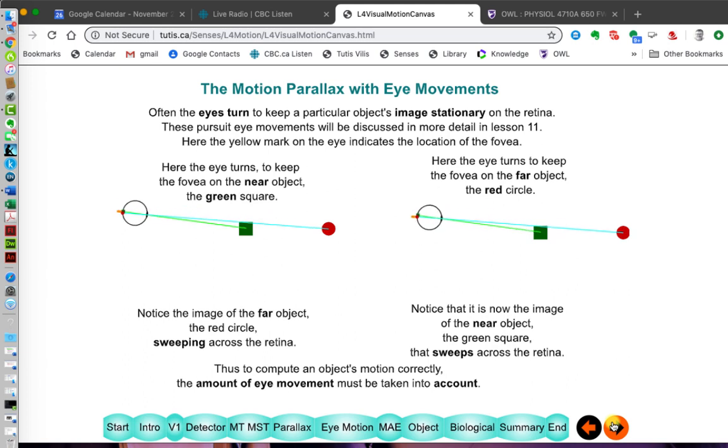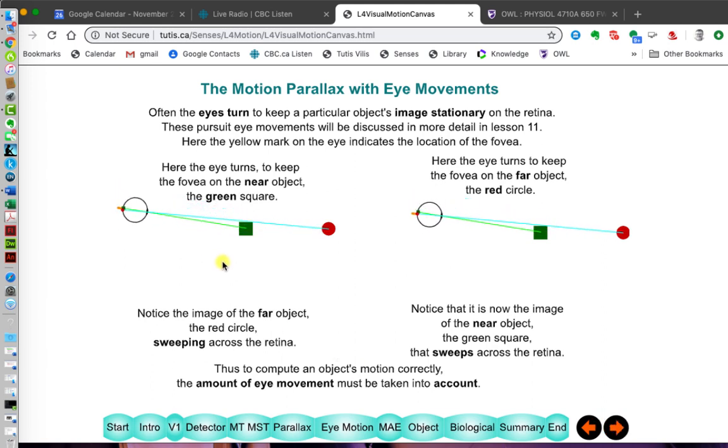Now, another problem happens when you look at one of the objects. So when you look at the near object or when you look at the far object. When you look at the objects themselves, and when your eyes are not still in your head, the relative position of the objects changes, or the relative speed of the object changes.